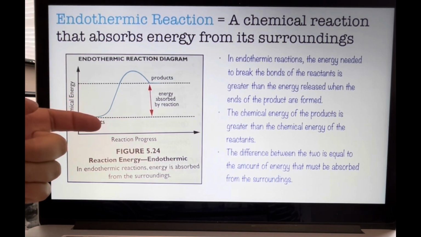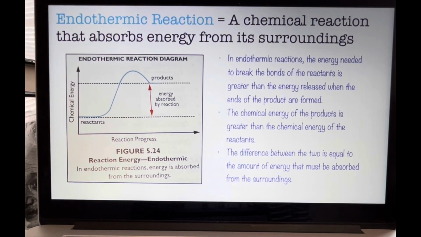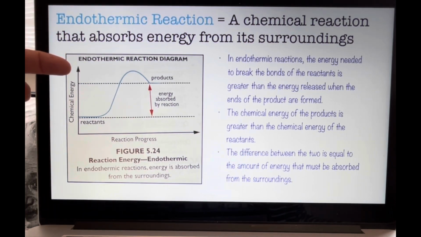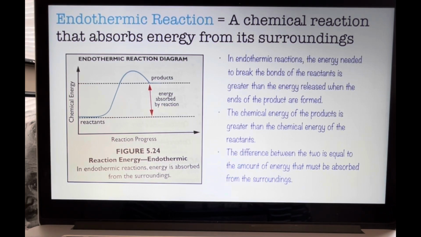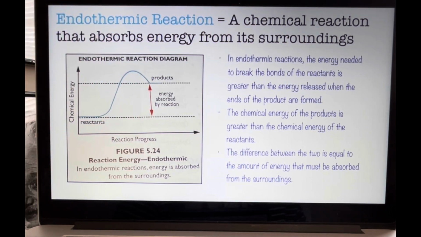Again, we have the reactants down here and the products are up here. So notice that in these reactions, the chemical energy of the products is greater than the chemical energy of the reactants. The difference between the two, same thing. So again, this difference is equal to the amount of energy that must be absorbed from the surroundings.